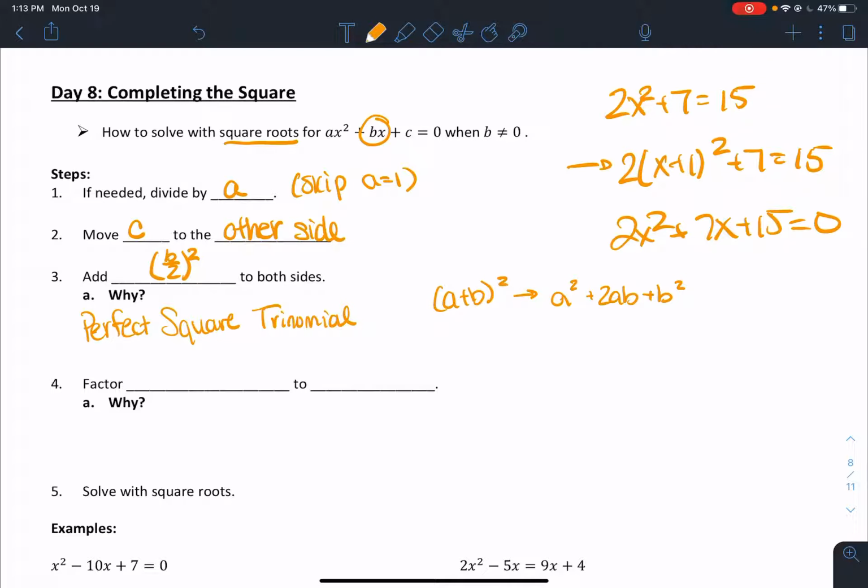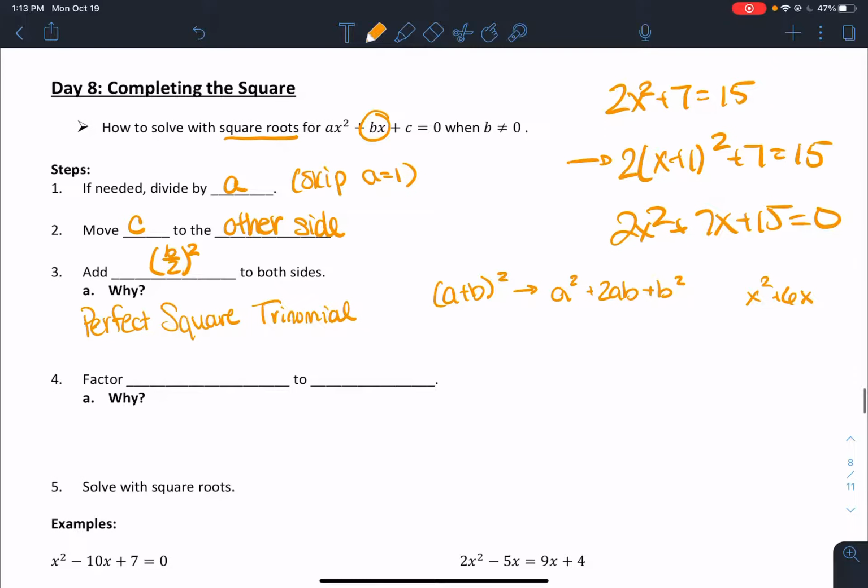So therefore, remember I've moved c to the other side, so at this point I have like x squared plus, let's say, 6x on one side of the equation. A is 1, so we can kind of ignore this a here, but it's 2b, right? That's the middle term. So if I want to figure out what should be added, I need to divide this middle term in half and then square it.